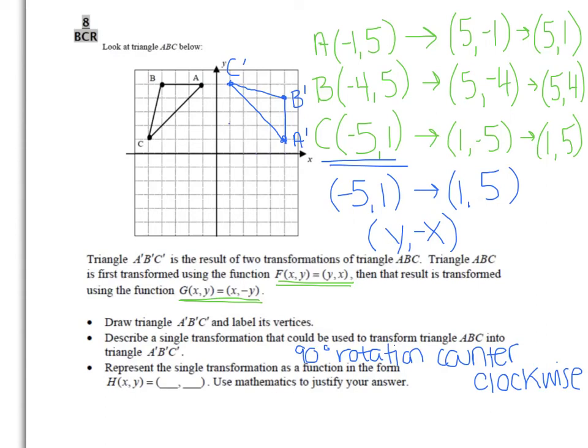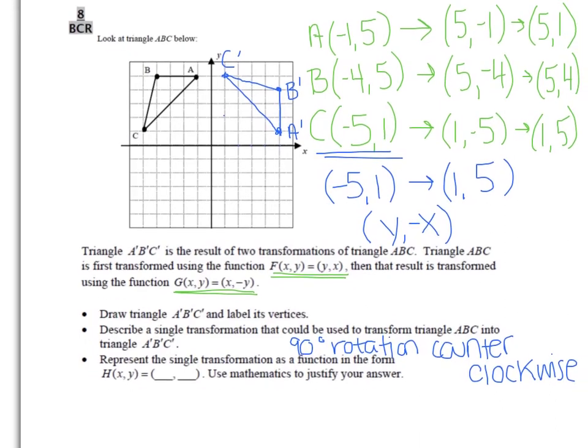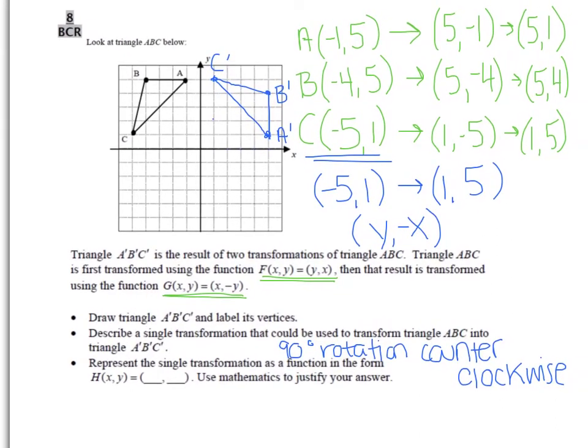So finally, the last part is to represent the single transformation as a function in the form h(x, y) equals blank, blank. Use mathematics to justify your answer. So our answer would be (y, -x), and the mathematics that you would justify your answer with is all the stuff that we did up here.